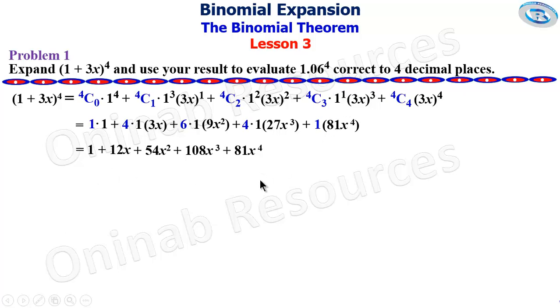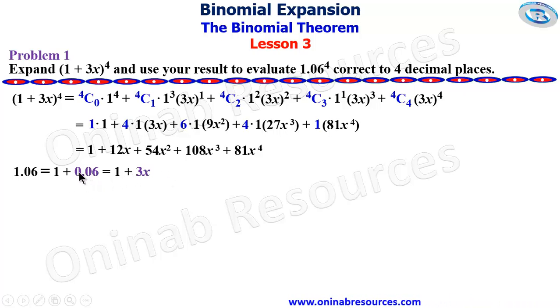We consider evaluating 1.06 raised to the power 4 using the results from our expansion. 1.06 can be expanded in binomial form as 1 plus 0.06. So we now compare it with this.